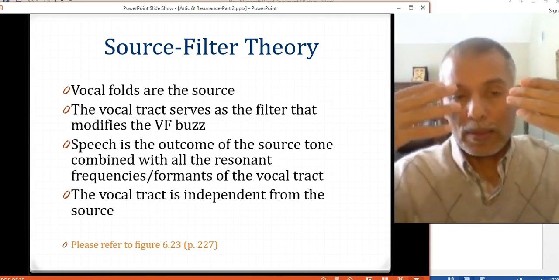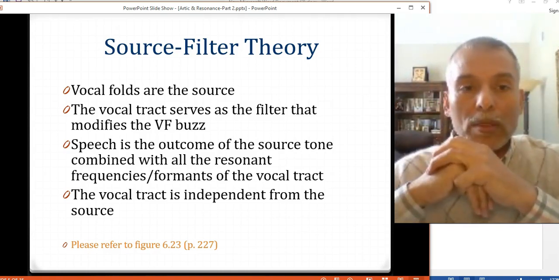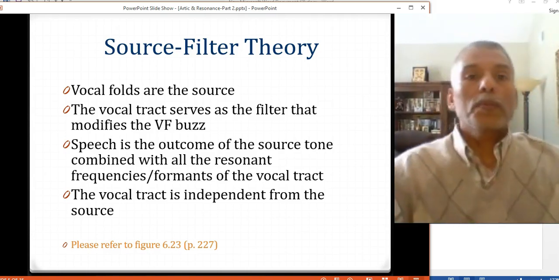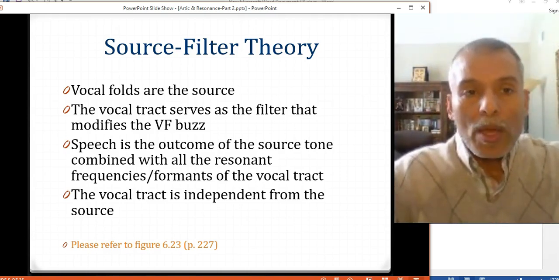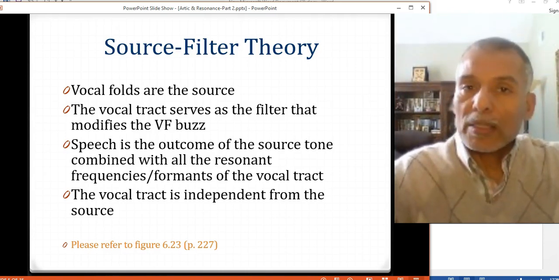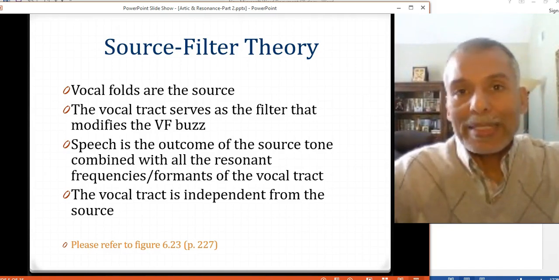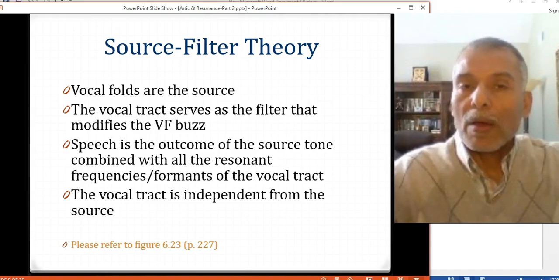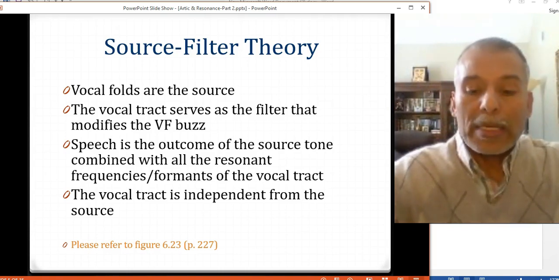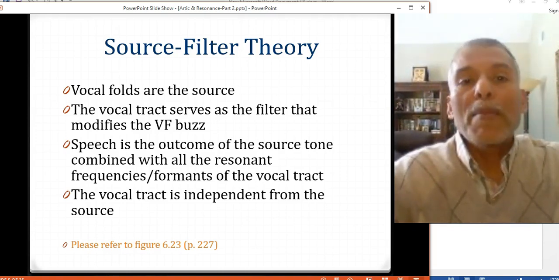And the outcome of this process is filtering. So again, the filter is the vocal tract, as it acts as a resonator that attenuates the even harmonics of the vocal fold buzz. And the source is the vocal fold fundamental frequency.